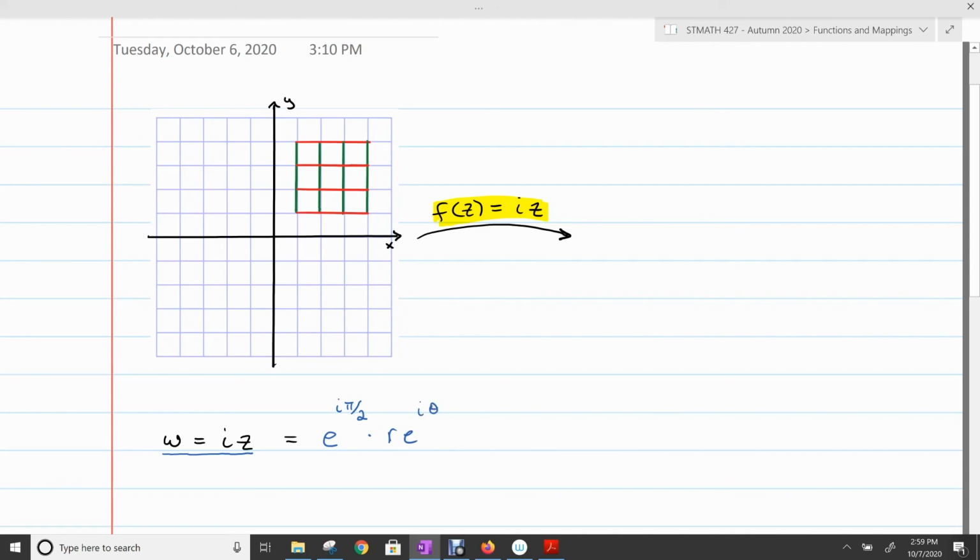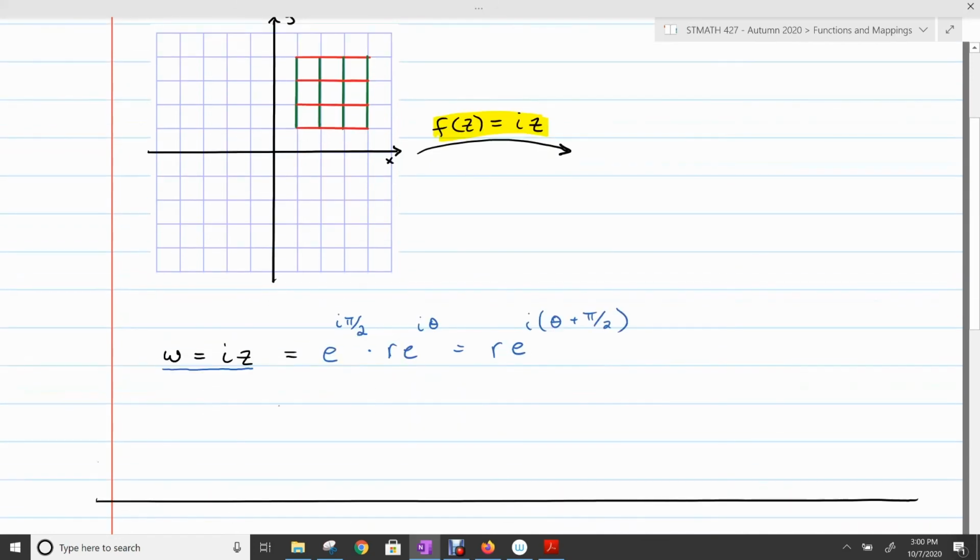And then we could multiply this out, and what you end up with is r e to the i times theta plus pi over 2. What happened was that z in the before picture gets sent to r e to the i times theta plus pi over 2 in the after picture.